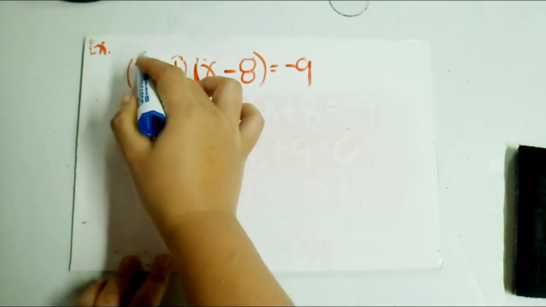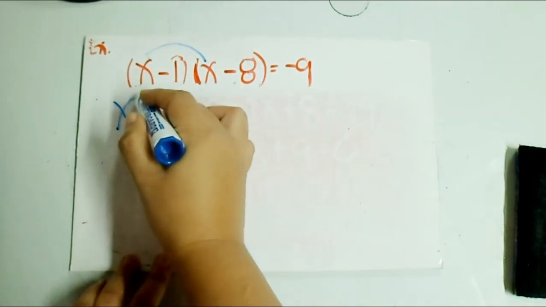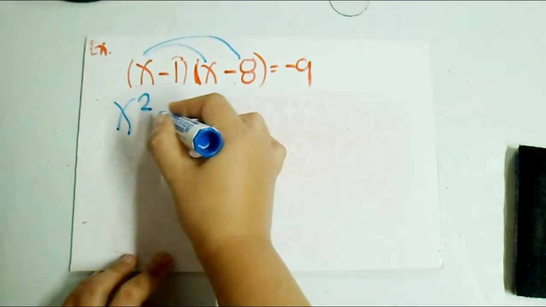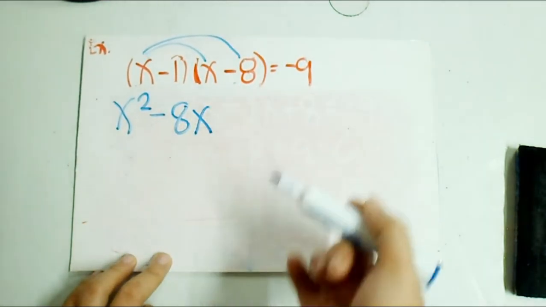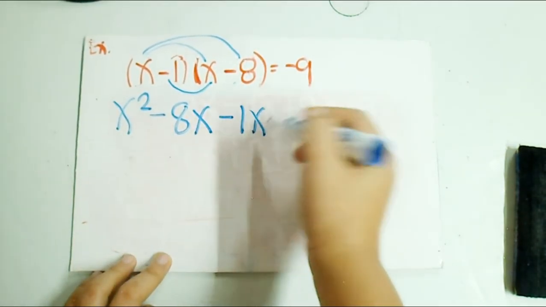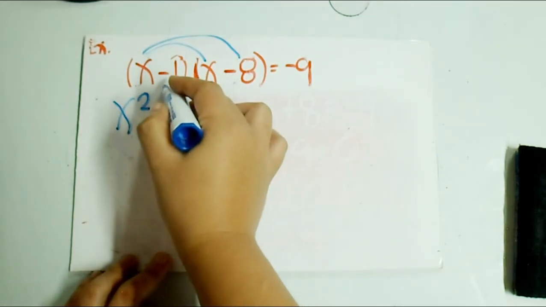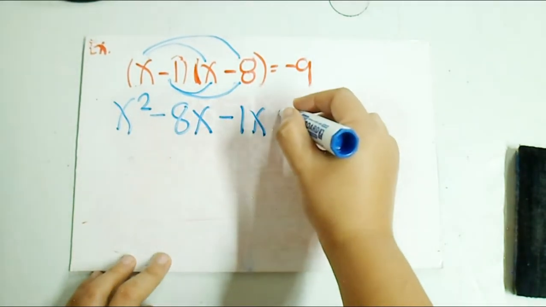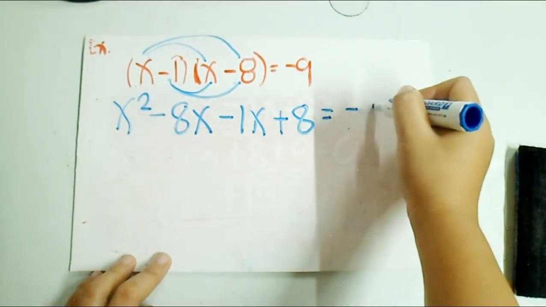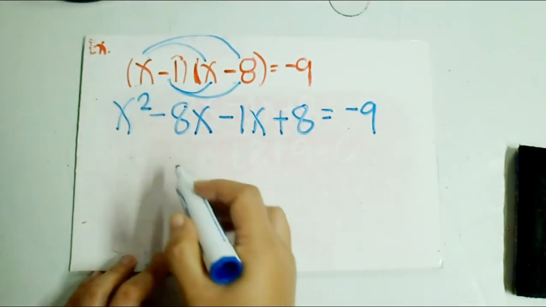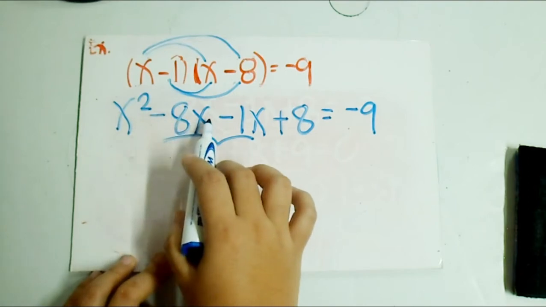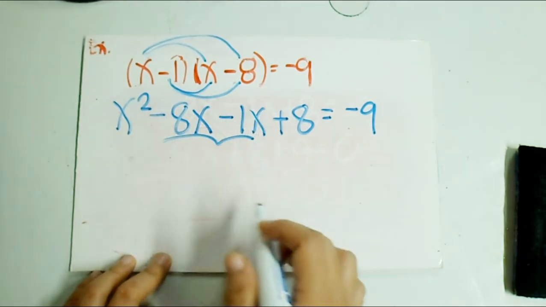So to do that, x times x is equal to x squared, and x times negative 8, that is negative 8x, and negative 1 times x, we have negative 1x, or you could just write negative x, and negative 1 times negative 8, that is positive 8. Copy equals negative 9. Now we do have similar terms here.